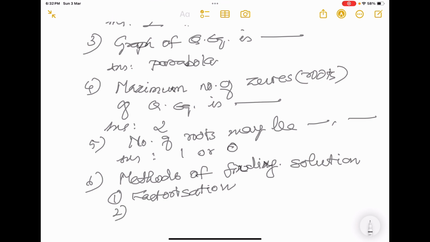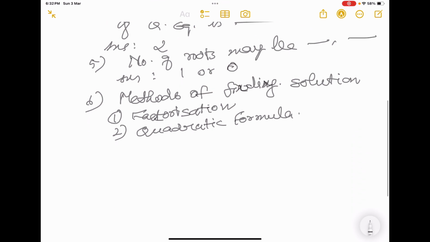Two, quadratic formula. In factorization, we can find out the answer by factorizing, as we studied in polynomials. We can do some questions of that. Then what is quadratic formula? We are going to that.